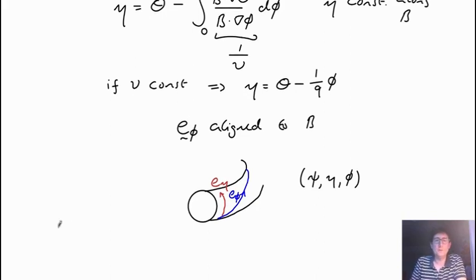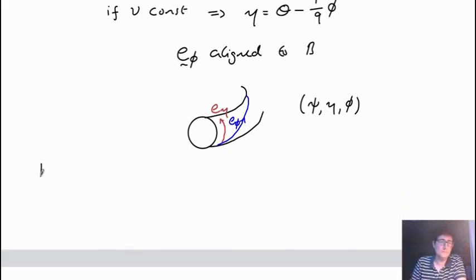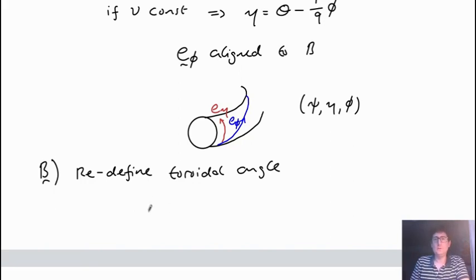The alternative way of doing it, and so now we redefine a new toroidal angle, so zeta for example, which is the original toroidal angle, and now we're just subtracting off the change in toroidal angle along the field line.